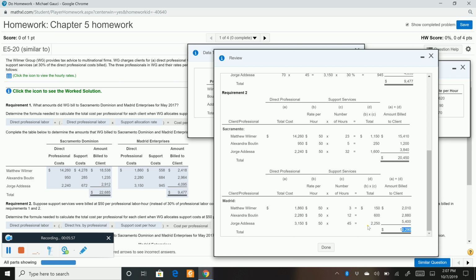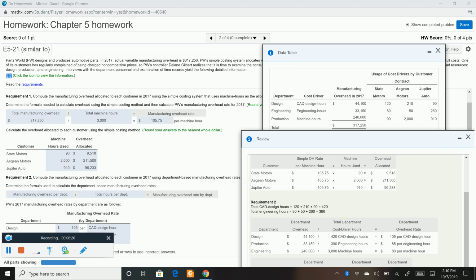In this case, is a 30% premium or $50 per hour better? I don't know. That's something that we would need to analyze and figure out what is the best way to allocate supporting services. So once again, just a quick exercise to show you that there are indeed different ways to do this.